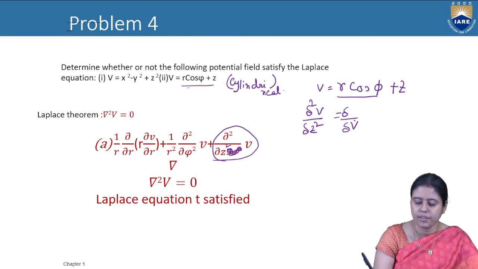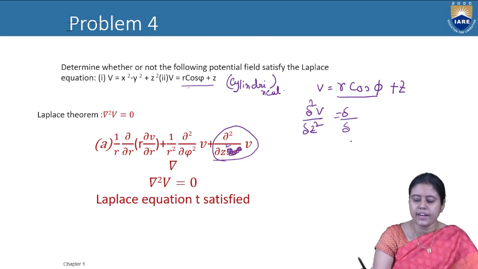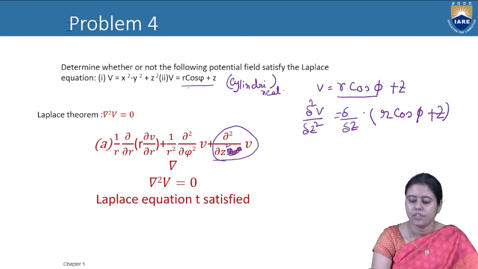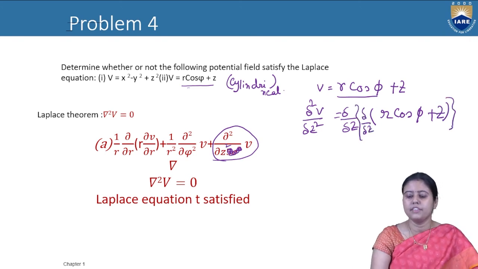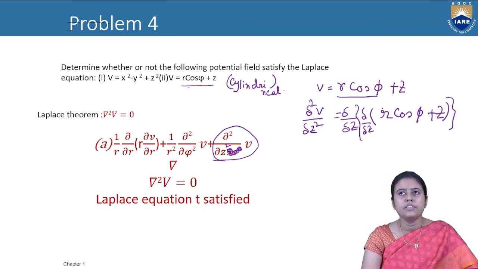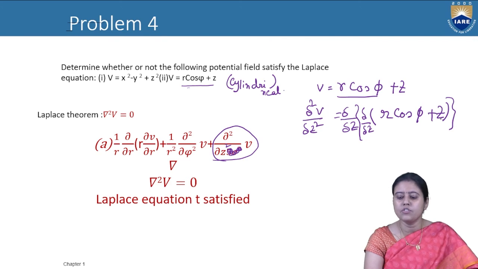The first term, so we can write first one is del by del z of r cos phi plus z. For the differentiation, in the first term there is no z term, so it is 0, and for z it is 1.